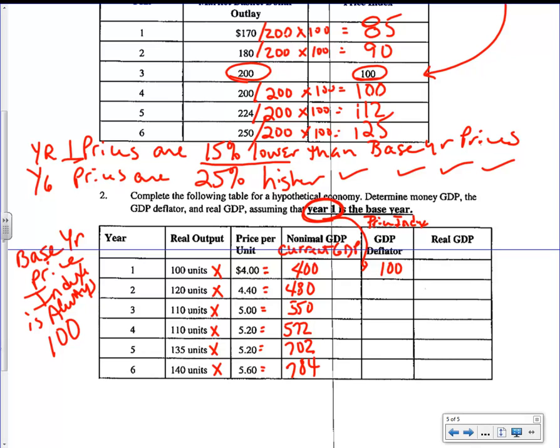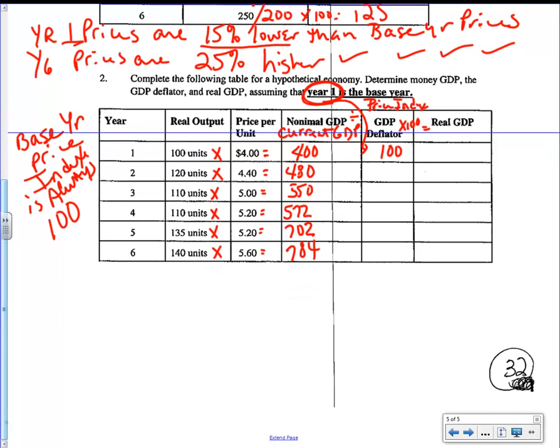To deflate the current to the real, we're going to take the nominal GDP and divide that by the price index, which is also called the GDP deflator, and multiply through by 100. That will give us the real GDP, the gross domestic product using real numbers.